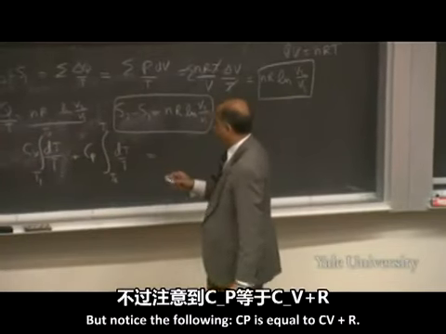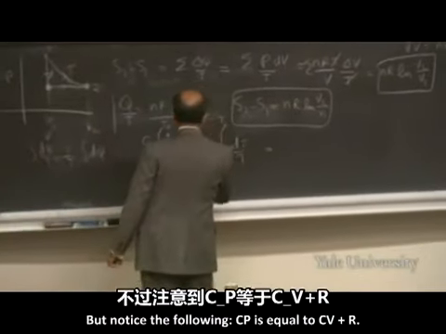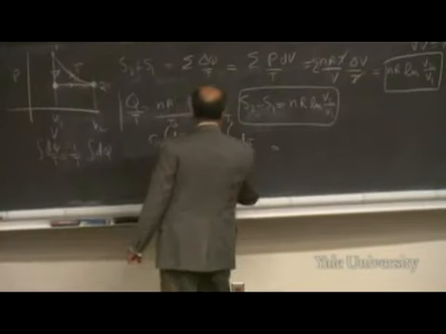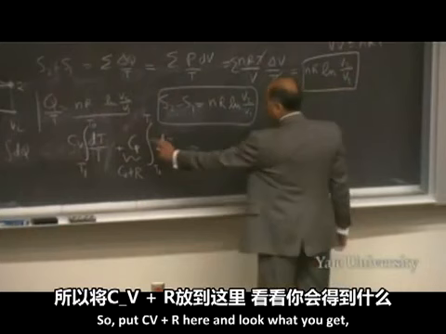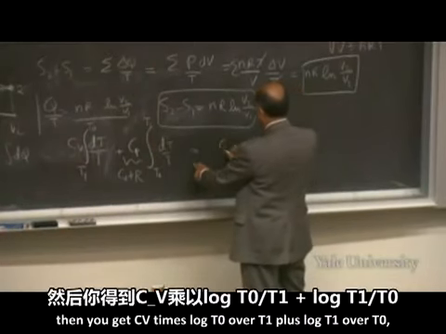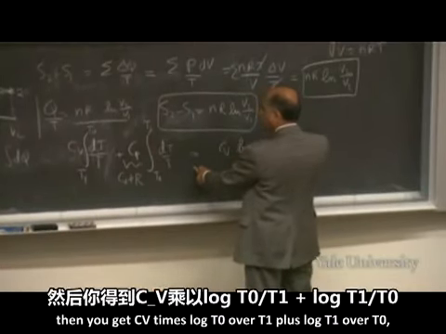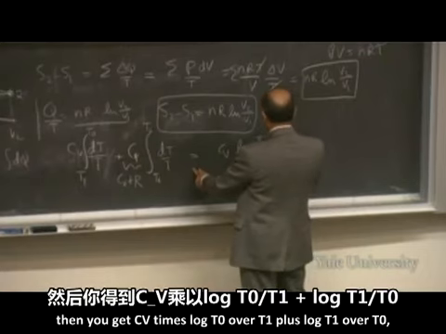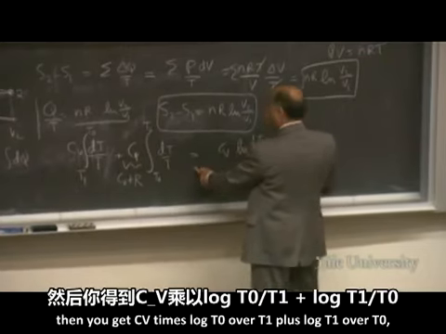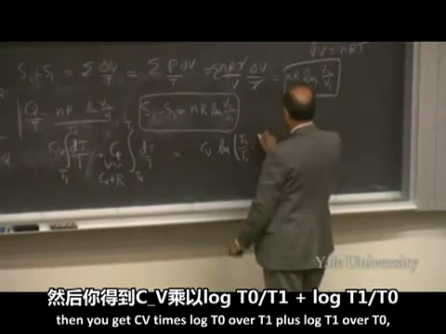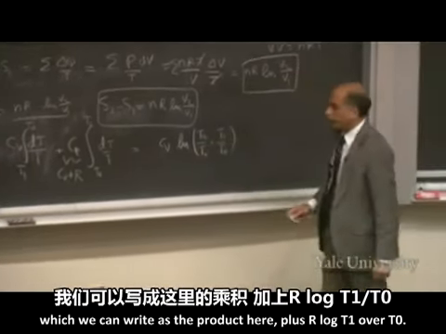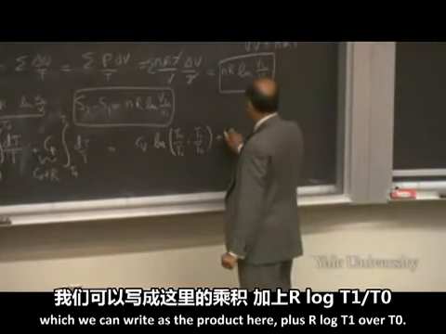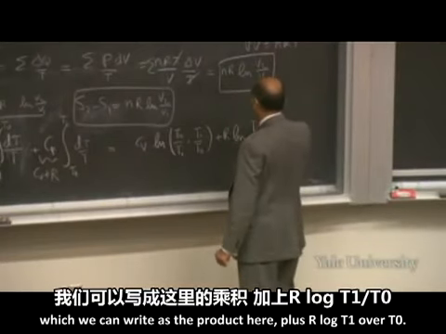But notice the following. Cp is equal to Cv plus R. So put Cv plus R here and look what you get. Then you get Cv times log T0 over T1 plus log T1 over T0, which we can write as the product here, plus R log T1 over T0.